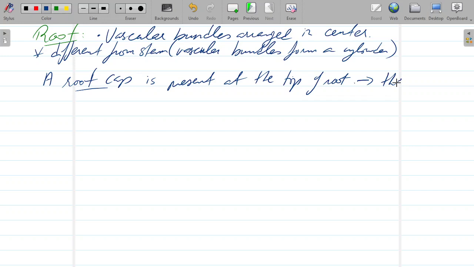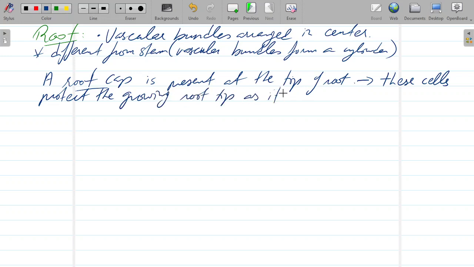So these cells protect the growing root tip as it pushes through the soil, and because of that they are replaced frequently.